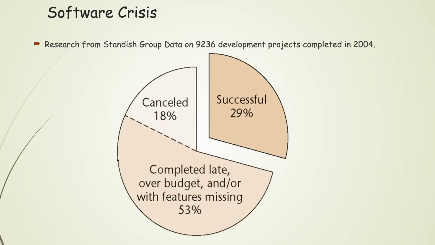So what we are seeing here is that 18% of projects we said were cancelled, only 29% of projects actually were successful. That's not a good record. And that's why businesses are afraid when you go to them and say, I will build you a solution. They would rather go and buy something off the shelf.